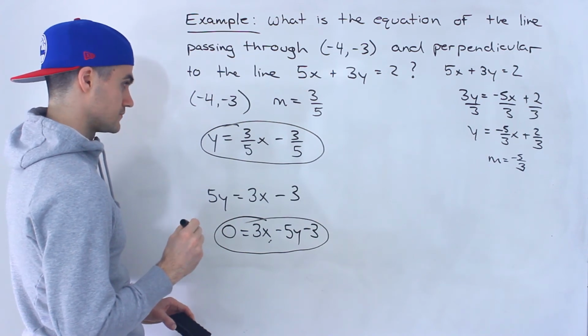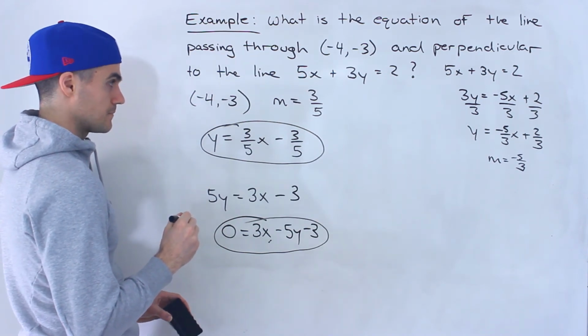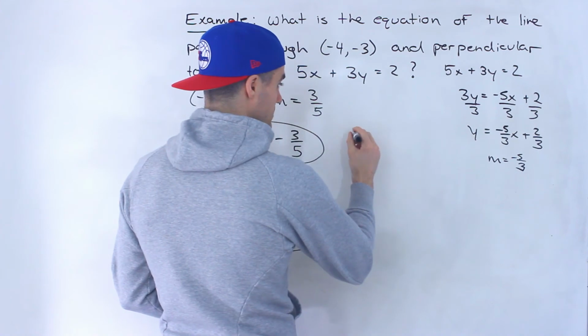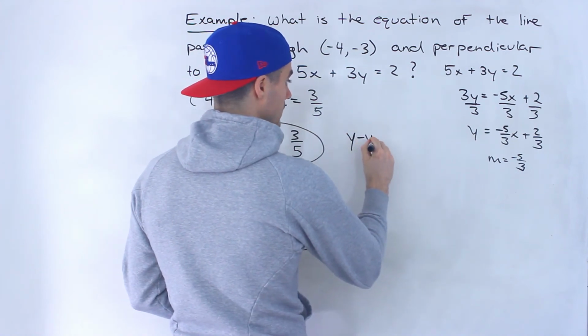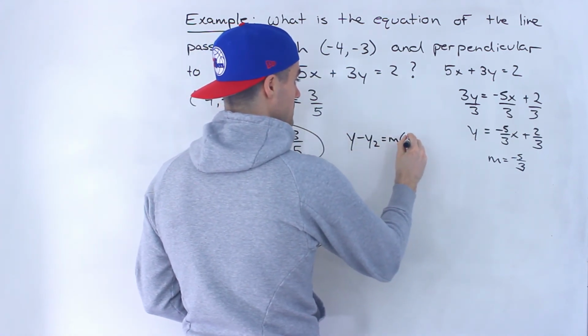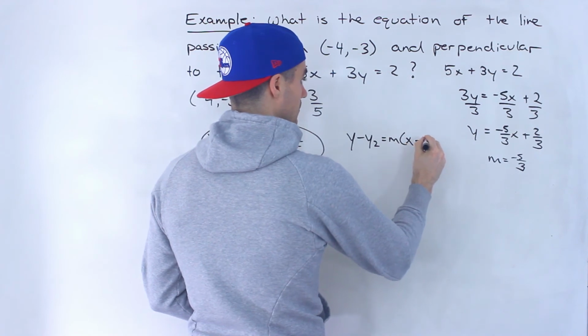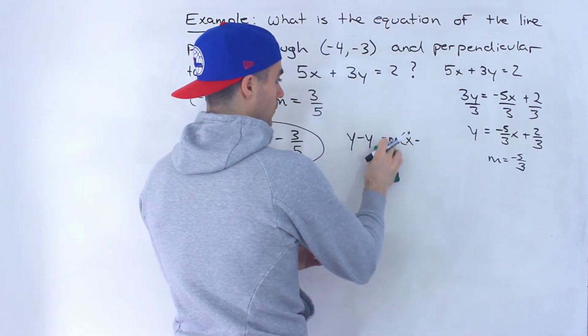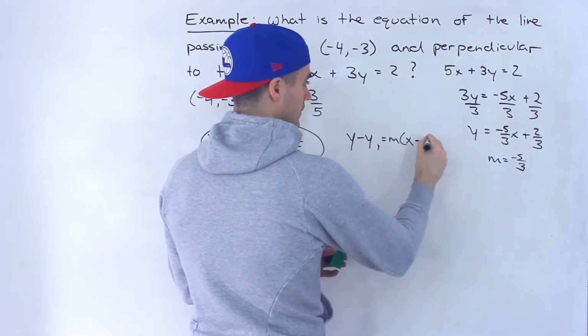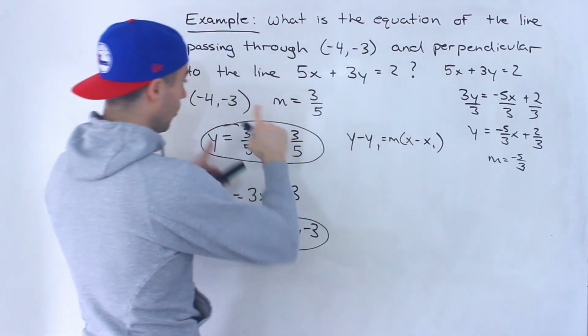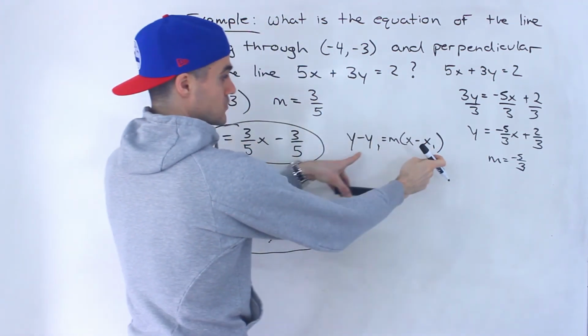Another thing is it could be in this format. We could have y minus y1 equals m times x minus x1, and the point would go for x1 and y1.